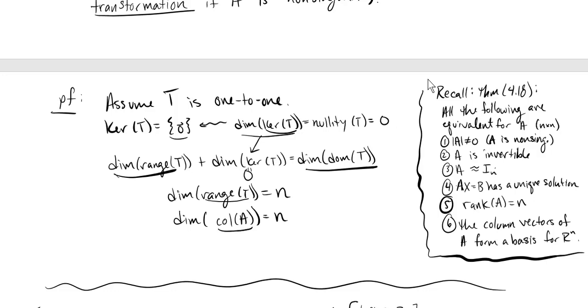Dimension of the row space or the column space, we define that to be the rank of A. And I've recalled some facts from theorem 4.18 about all this stuff to help us out here. If rank of A equals n, that is completely equivalent to saying that A's determinant is not 0, so A is non-singular.